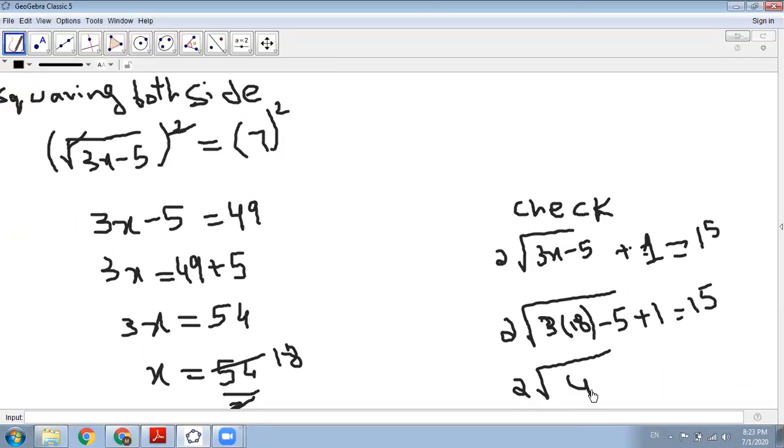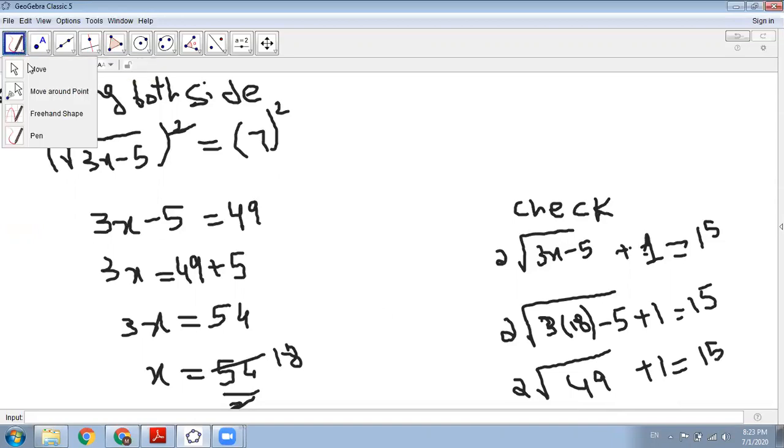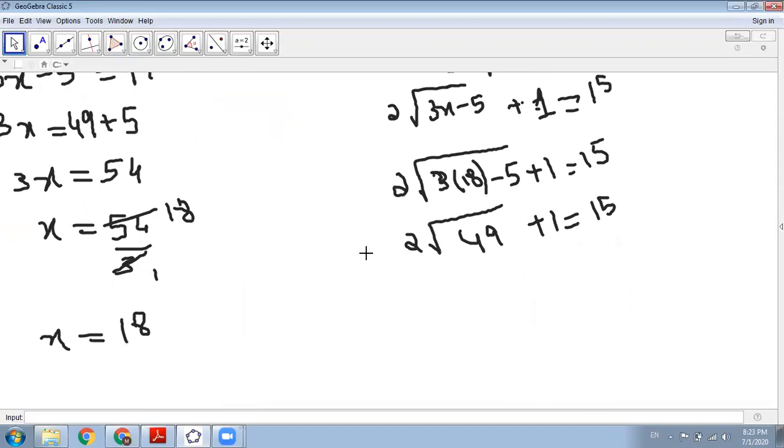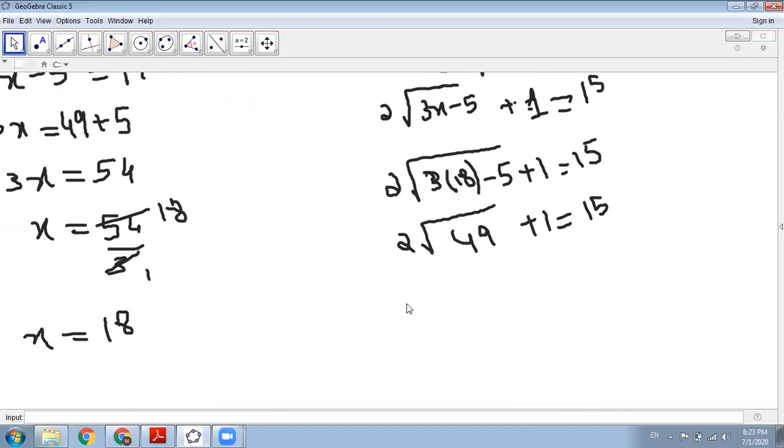So we write 49 here. Then plus 1 equals 15. Now the square root of 49 will be 7. So we write 2 times the square root of 49, which is 7, then plus 1 equals 15. And now 2 into 7 is 14, 14 plus 1 is 15. So 15 equals 15.